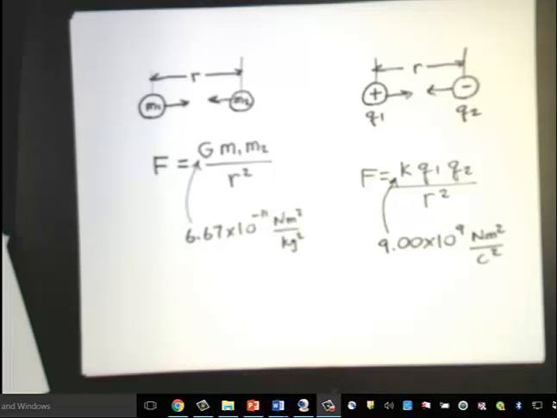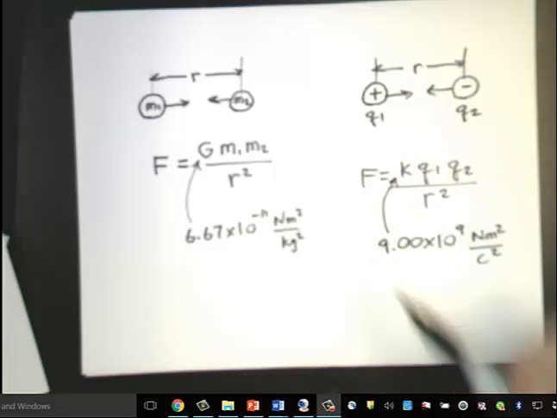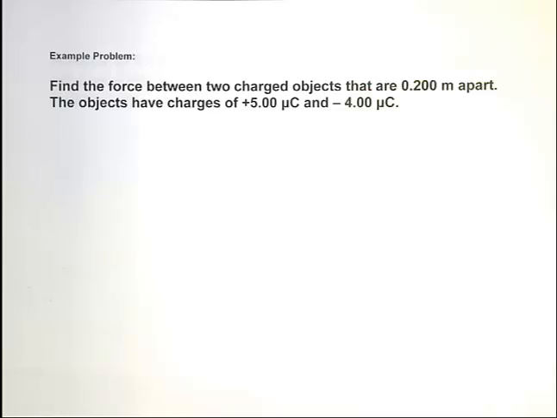Next, we have to be able to use this equation to solve some problems. Okay, so find the force between two charged objects that are 0.2 meters apart. The objects have charges of +5 microcoulombs and -4 microcoulombs. So here's the situation.